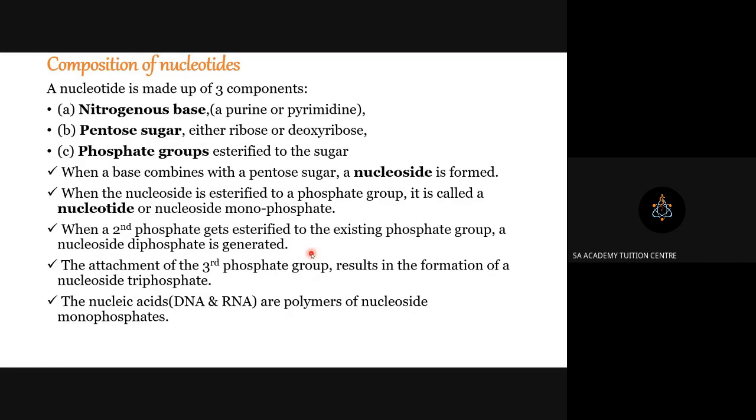Anyone to give us an example of a purine base? Guanine. Guanine, yes. What else? Pauline, what's the other purine base?